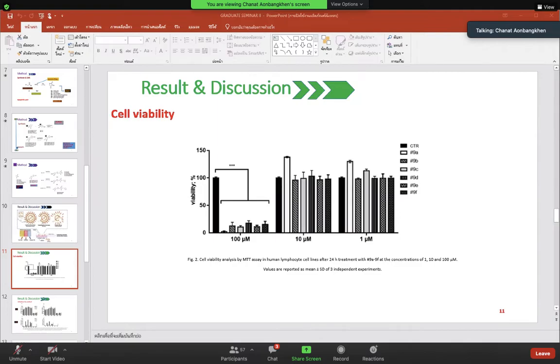And we discovered that at 100 micrometer, there is too much cytotoxicity when subjected to MTT assay. Then it means we will not be able to use it at 100 micrometer because it is not safe. So we only consider 10 micrometer and 1 micrometer for the antiviral activity.